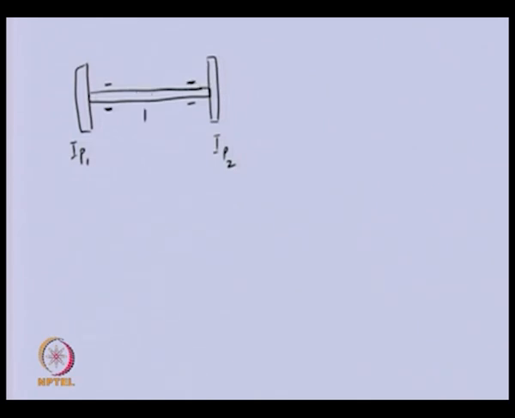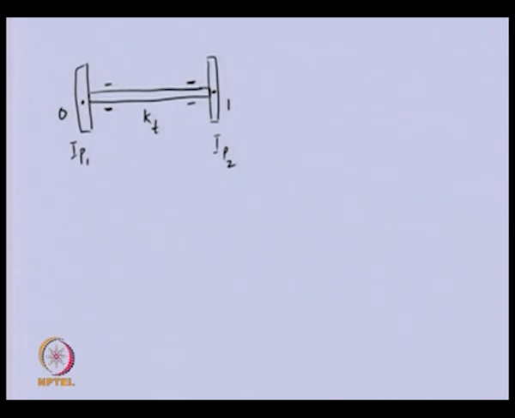Let us say the stiffness of the shaft, which is the torsional stiffness, is kT. Now, if we want to attach stations, let us say this is station 0 and this is station 1, because the rotor system is simple. So we can have only 2 stations.